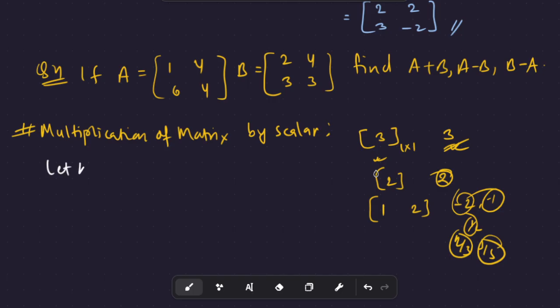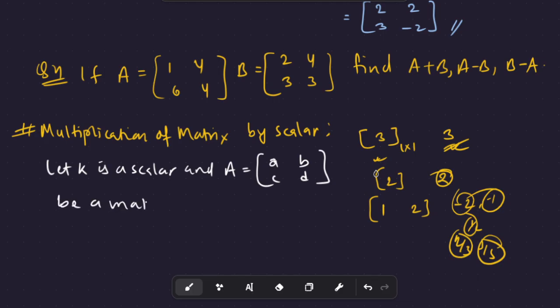Let K be a scalar and A equals [a, b; c, d] be a matrix. Then let's multiply matrix A by scalar K. KA is K times [a, b; c, d].